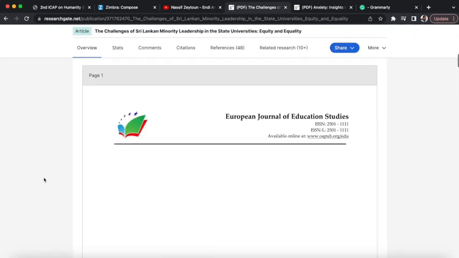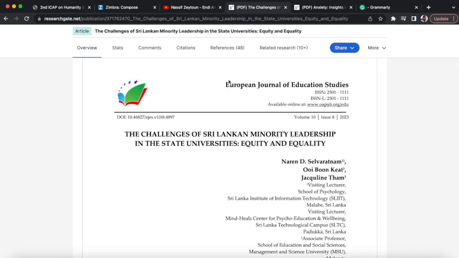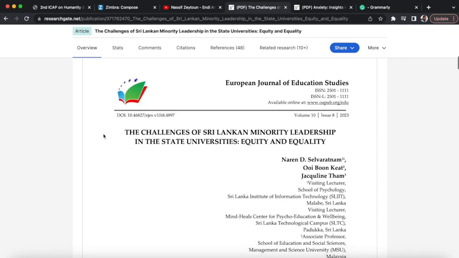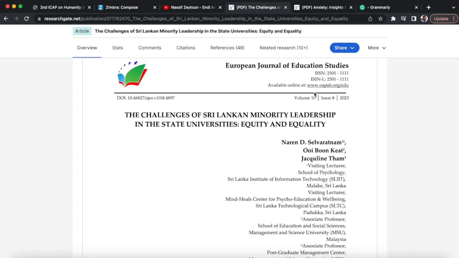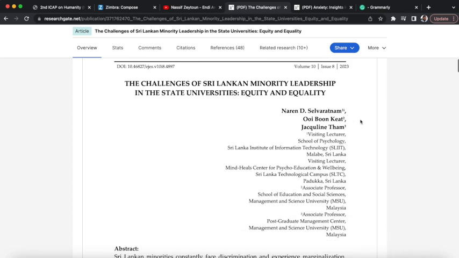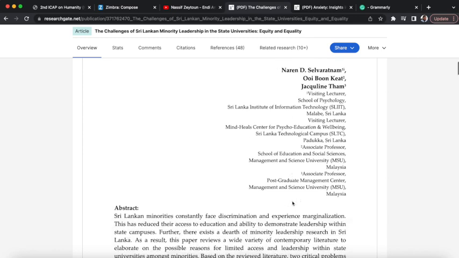First, a good research paper should be published in a journal. This is the name of the journal, European Journal of Education Studies. This is the DOI, Digital Object Identifier. It has a volume number, usually issue numbers, publication year. There needs to be a very good title, usually names of authors and their affiliations.